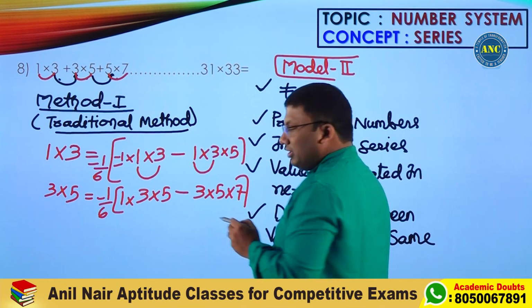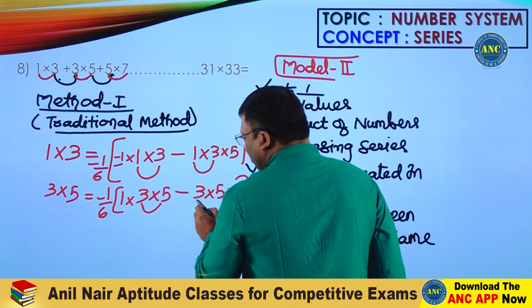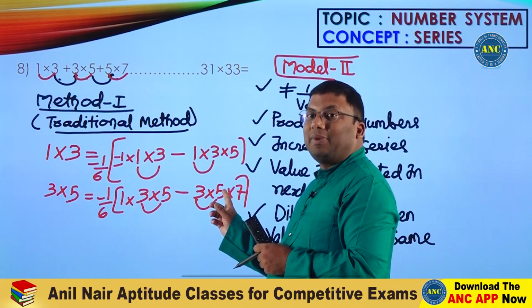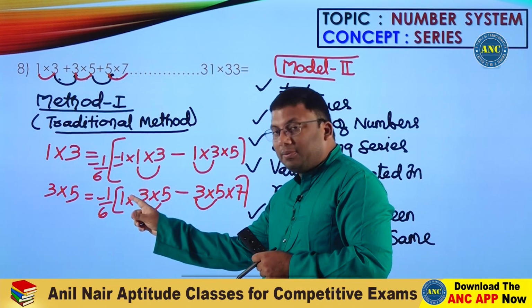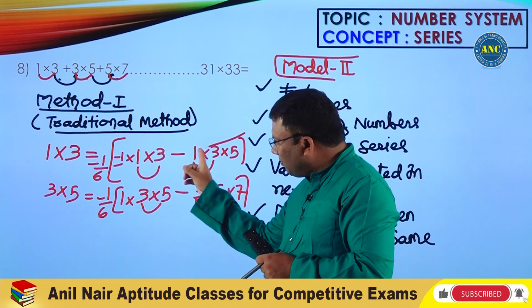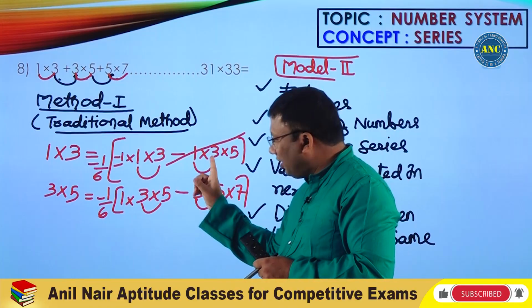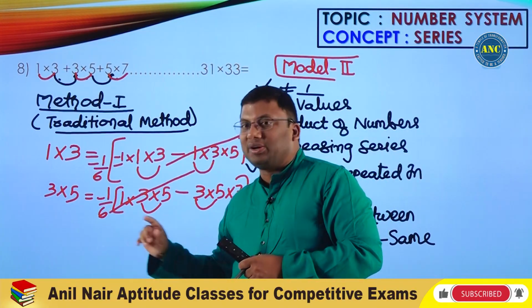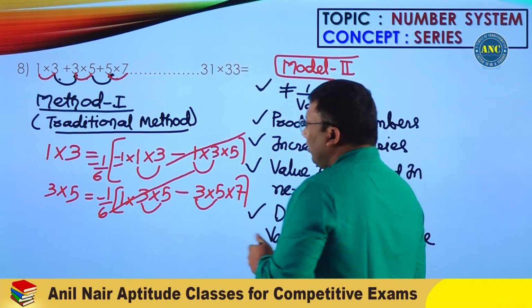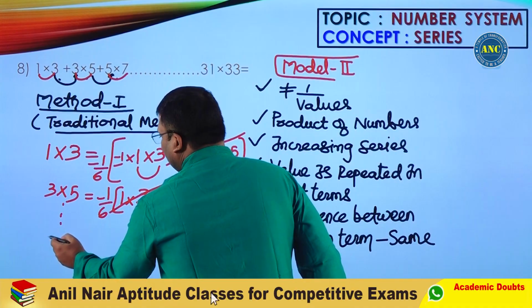Again observe: 3 into 5 common, 1 minus 7 is minus 6, multiplied by minus 1 by 6. Cancel. Why are we doing this? It is minus 1 into 3 into 5 and it is plus 1 into 3 into 5. Both can be cancelled. All values will be cancelled.